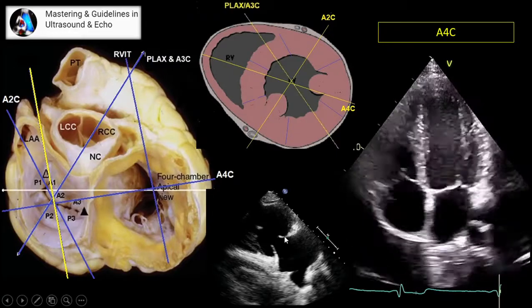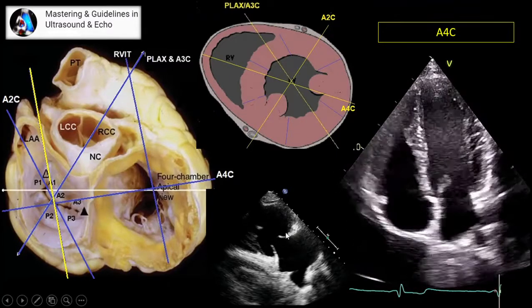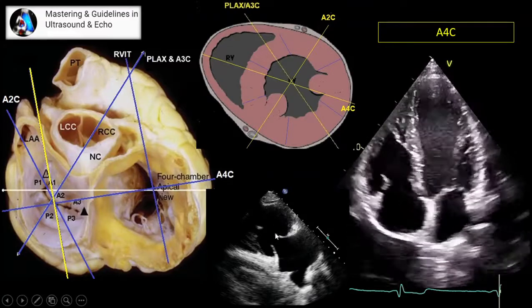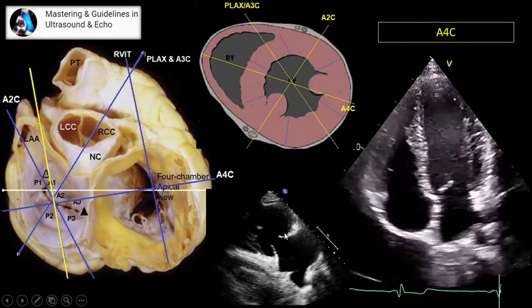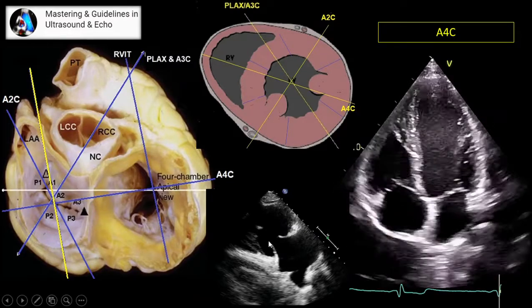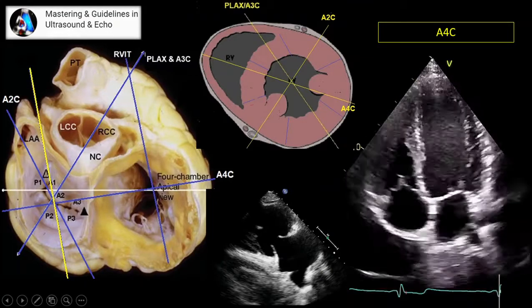So my point is that this anterior leaflet can be the anterior tricuspid valve leaflet or the septal tricuspid valve leaflet, but the posterior one is always the posterior tricuspid valve leaflet.